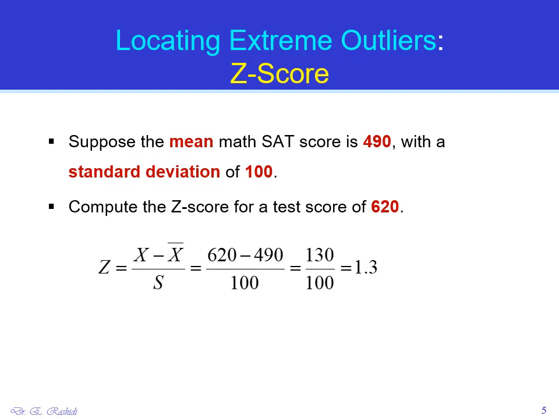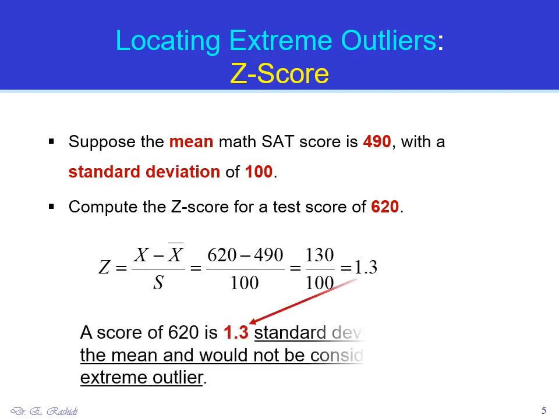It means the score of 620 is 1.3 standard deviations, where a standard deviation is 100, away from the mean, which is 490. And since the Z-score is less than +3 and greater than -3, it is not an extreme outlier. The Z-score of the SAT score of the student is not an extreme outlier.